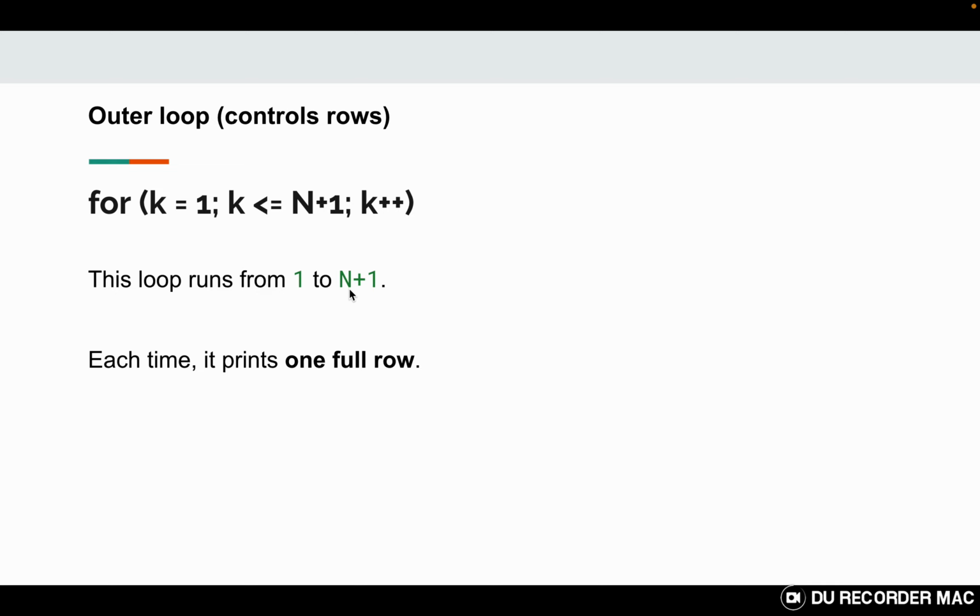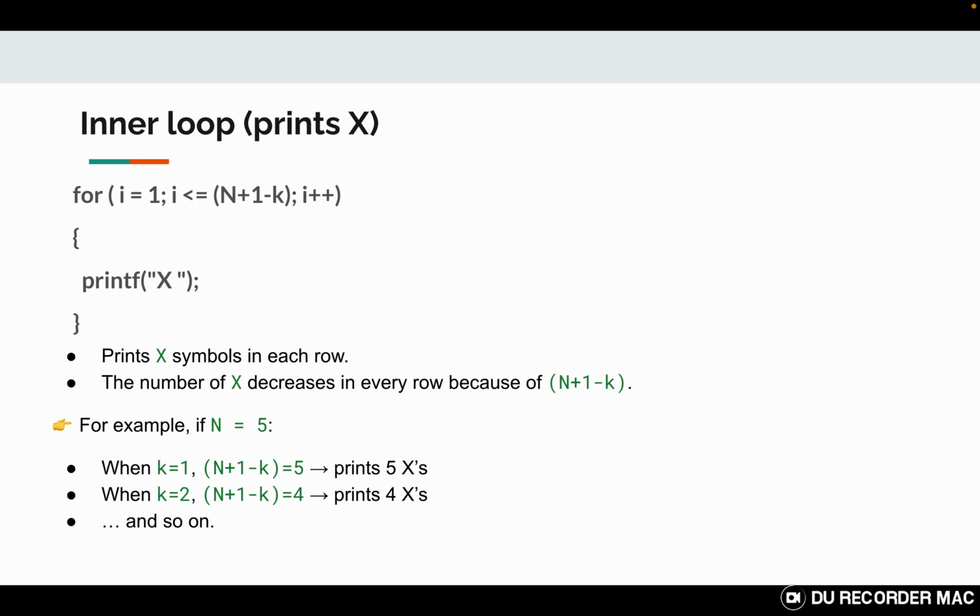And this outer loop is used for controlling the number of rows that you want to print. But if you see the inner loop, this is where the printing of X happens, right?